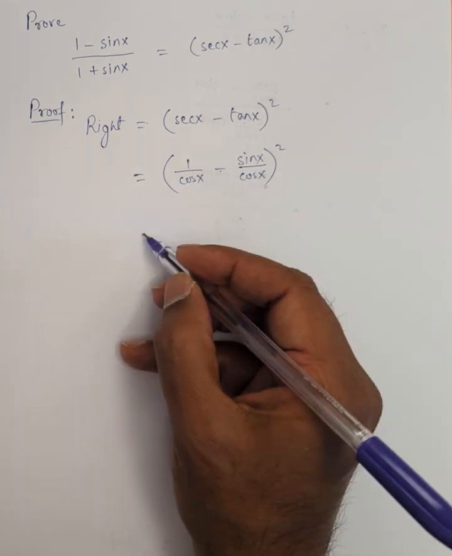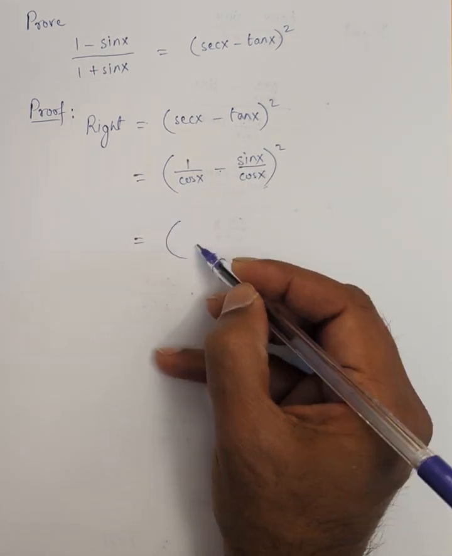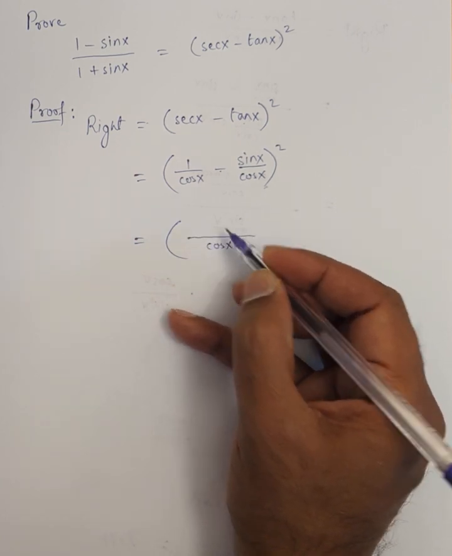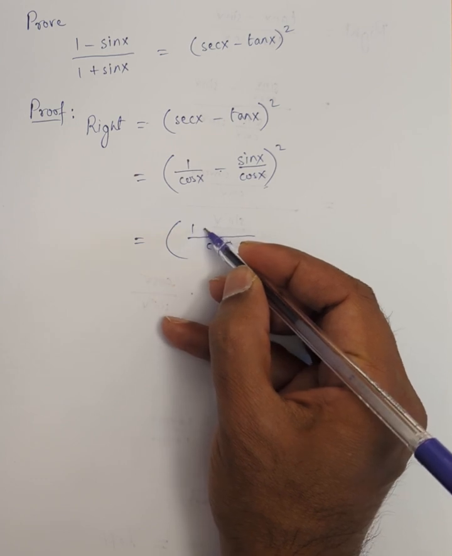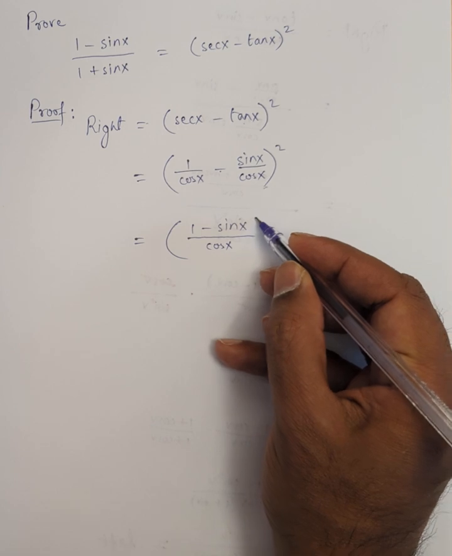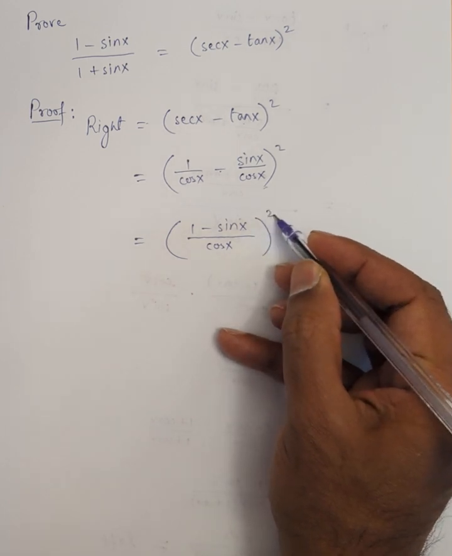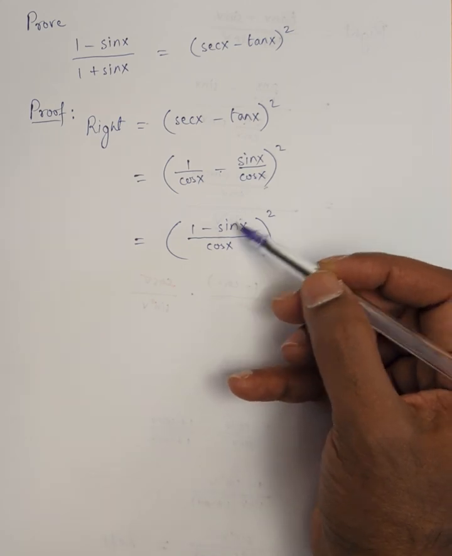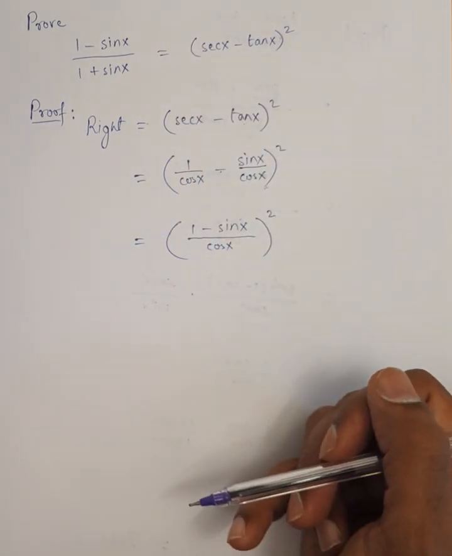They have the same denominator, so we can simply write that as a single fraction, cos x in the denominator, and the numerator would simply become 1 minus sin x. So that's what we have inside the parentheses. That needs to be squared. So this quantity has to be equal to that.